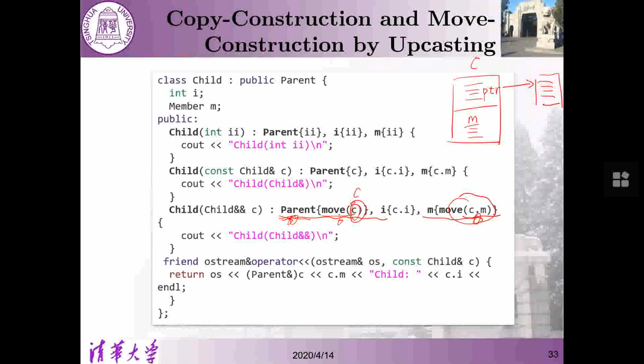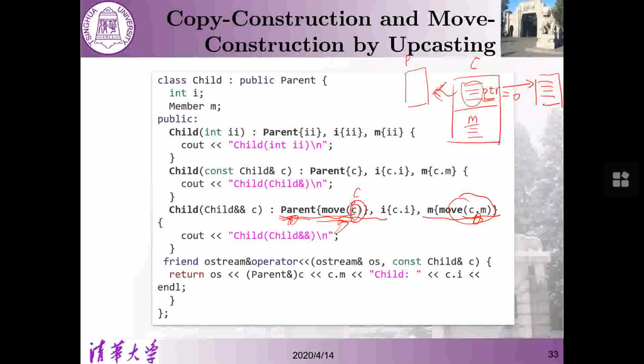Then by calling this move, this part will be moved to the parent object, right? And then this pointer will be set to 0, a null pointer.